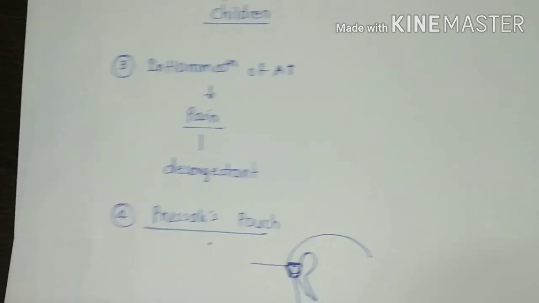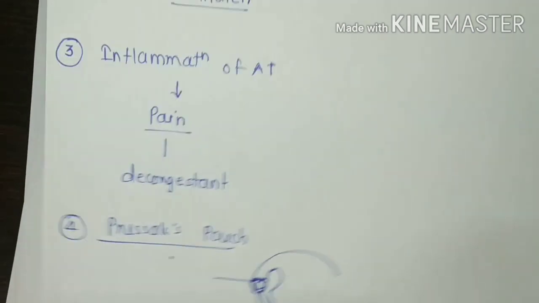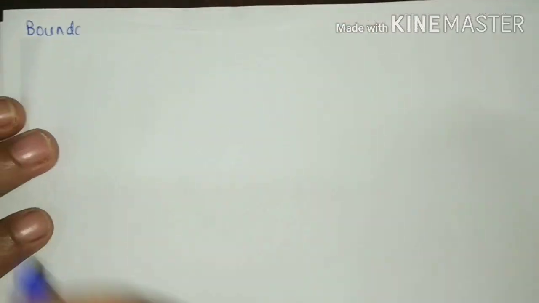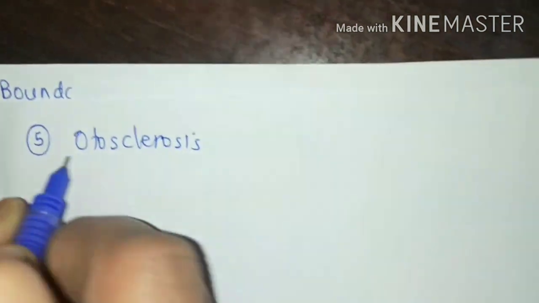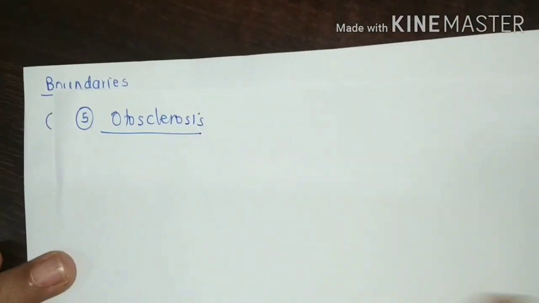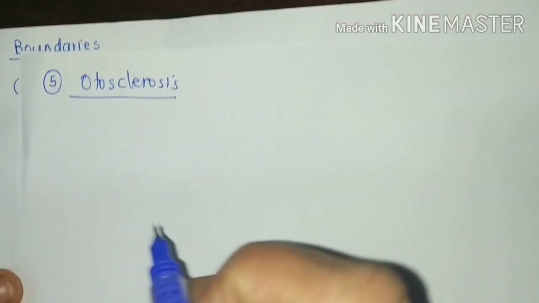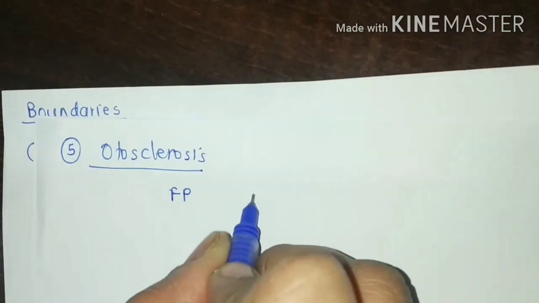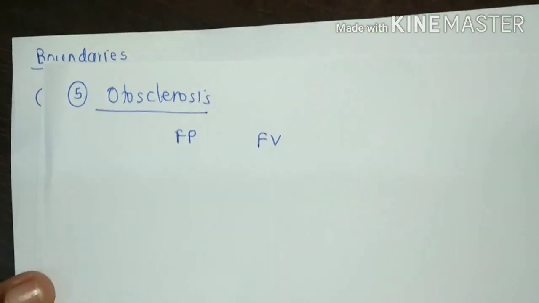Then coming to one more point in the applied anatomy, that is otosclerosis. Now, what is otosclerosis? Otosclerosis is a condition where bony fusion takes place between the footplate of the stapes and the margin of the fenestra vestibuli.